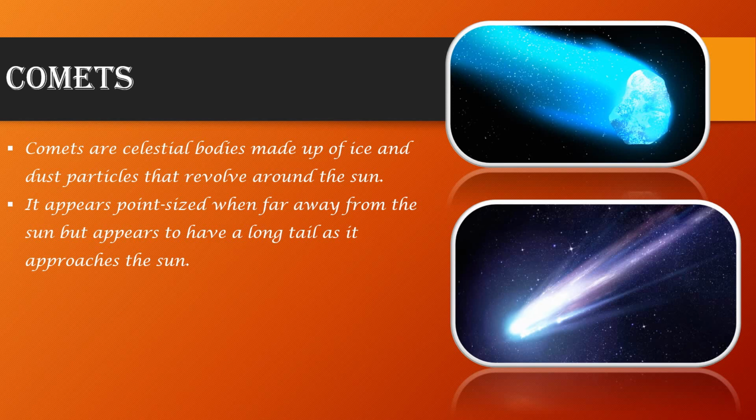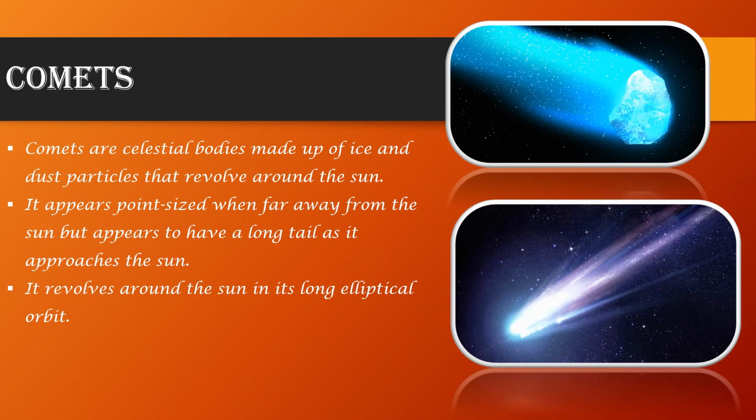Thus, it has a characteristic structure, but its appearance keeps on changing. And it revolves around the Sun in its long elliptical orbit. Hence, it reappears in the sky after long periods of time.